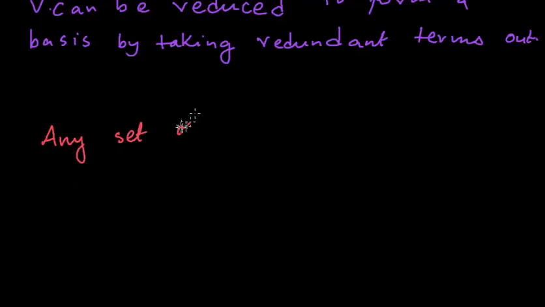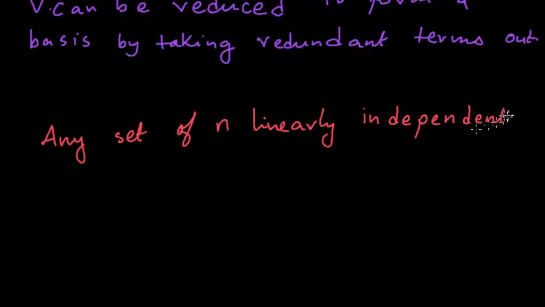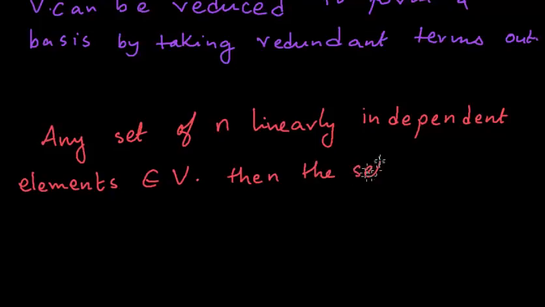For a vector space of dimension n, if we have n linearly independent elements, or vectors, however you write, and these vectors are elements of the vector space, so they belong to V, then this set is a basis for V.